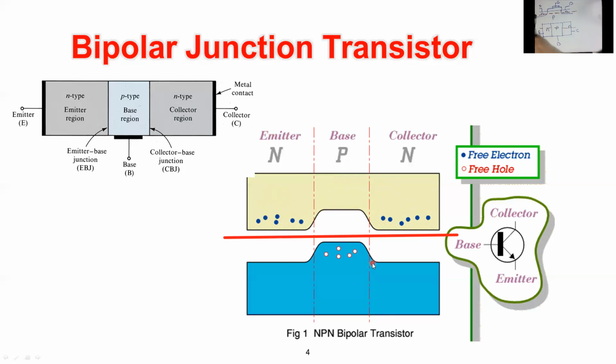Now, what we are going to do is examine together what happens if we start to apply voltage. In order to examine this, let's make it in a very simple manner. This schematic diagram can be treated as two p-n junctions. So this is an NP junction, and this is a PN junction.